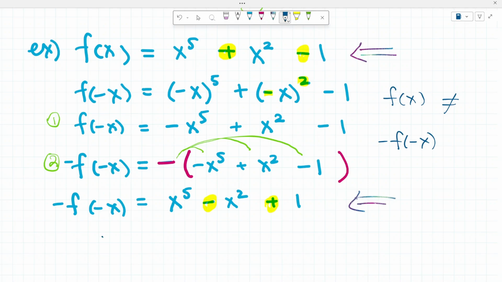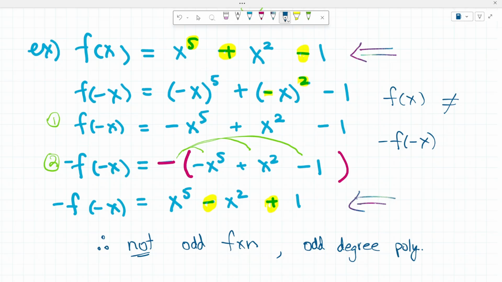So what does this mean? That means it's not an odd function. However, we did see that since the largest power of x is an odd number, it is indeed an odd degree polynomial.